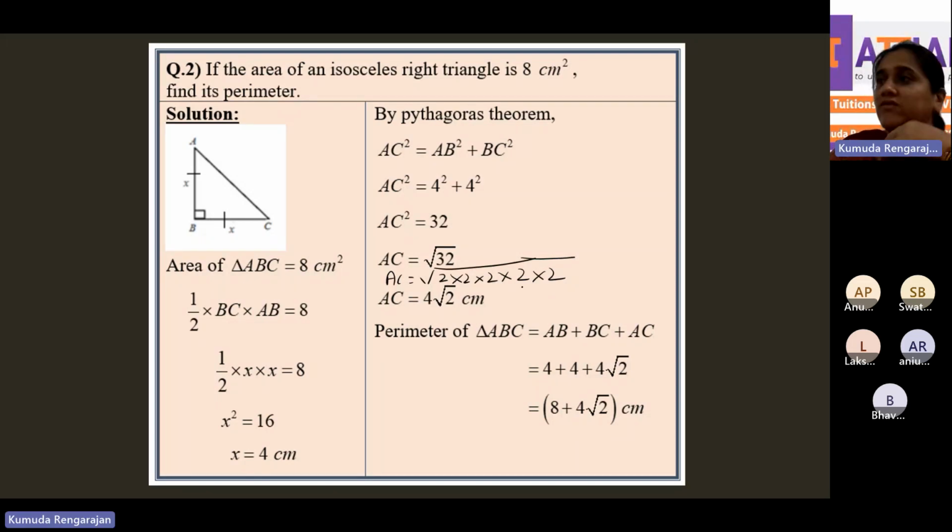From 2 twos, one 2 comes out. So 4 root 2. Correct? And then find the perimeter. Add the three sides. Yeah, children, please write down.